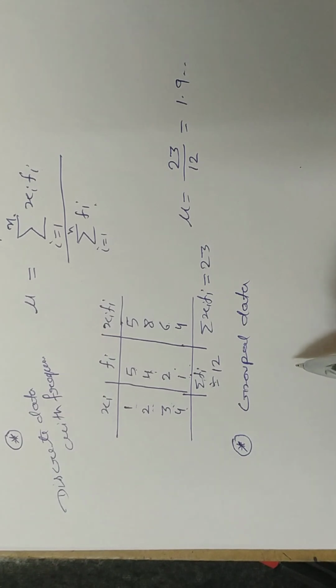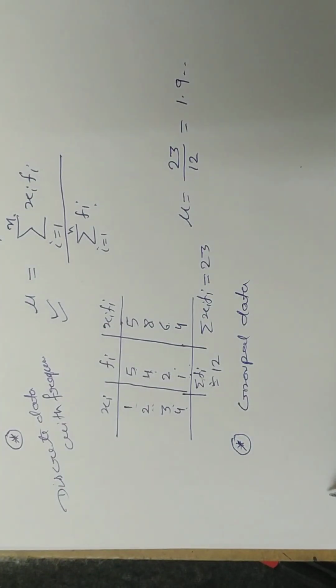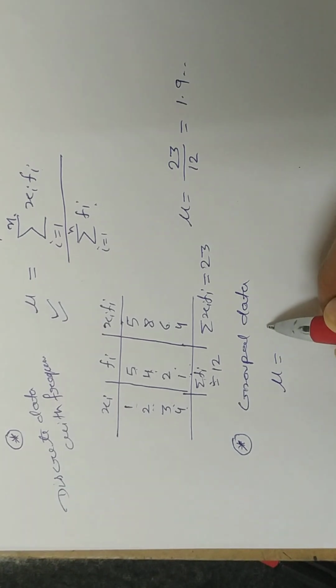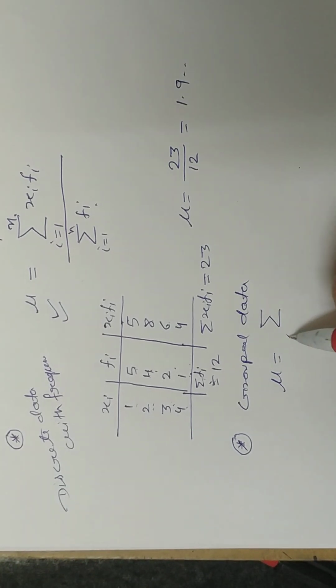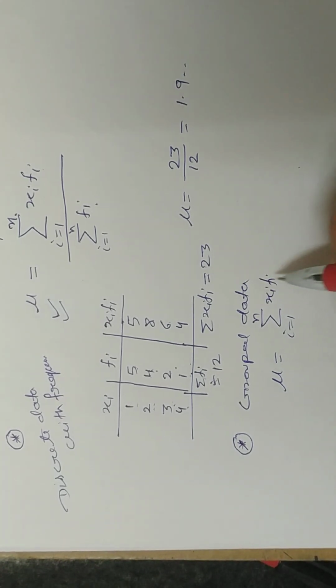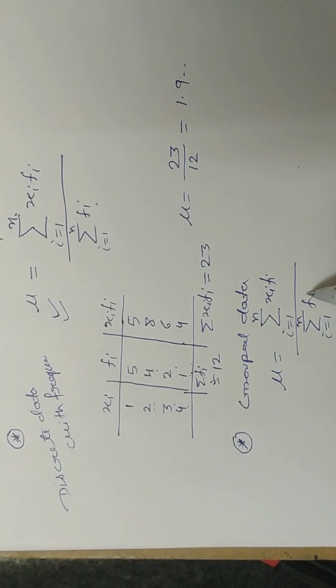If we have grouped data, then we can use the above formula also, like sum of i equal to 1 to n xi fi upon sum of i equal to 1 to n fi.